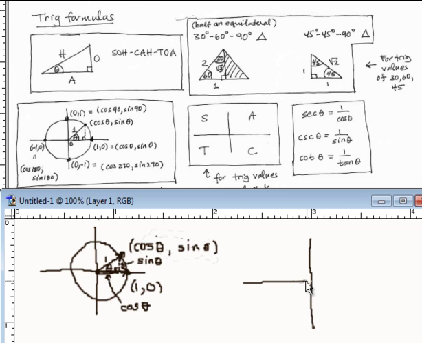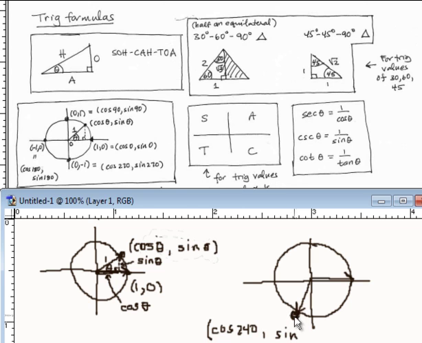Before, we were looking at angle 240 degrees. Here's my circle. We were looking at angle 240 degrees here. So this is cosine 240, and this is sine 240. That's the coordinates of this point.